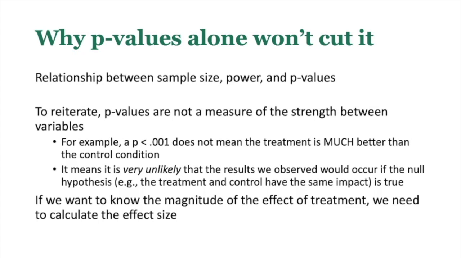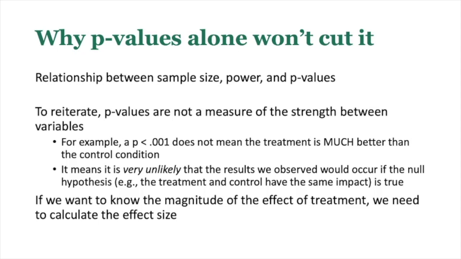Well, there's an important relationship between sample size, power, and p-values. To really understand, you have to remember what a p-value is, and to reiterate that, p-values are not a measure of the strength of the relationship between variables. Rather, it is talking about how crazy that result is if the null hypothesis is true.